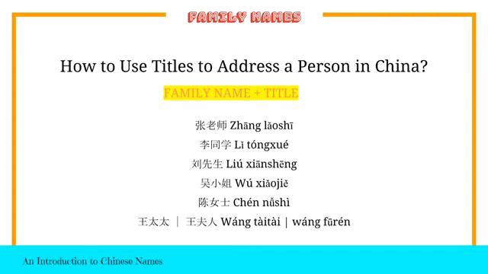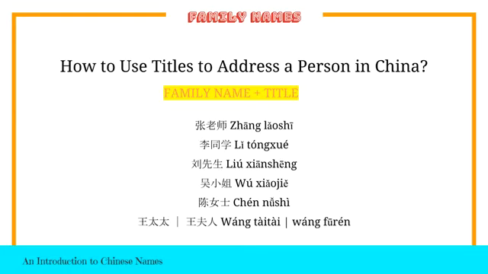It can be Mr. or it can be a teacher as well. 刘先生. 吴小姐, Miss Wu. 陈女士, so Miss Chen. 王太太 or 王夫人, both are the same. 王太太, 王夫人, both mean Mrs. Wang. So you can see the title goes second, family name comes first.